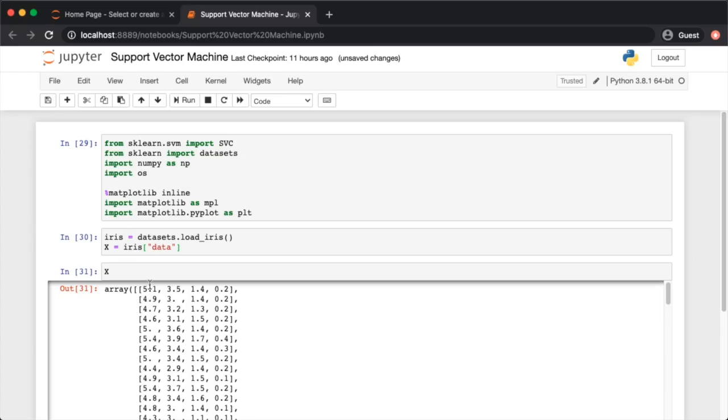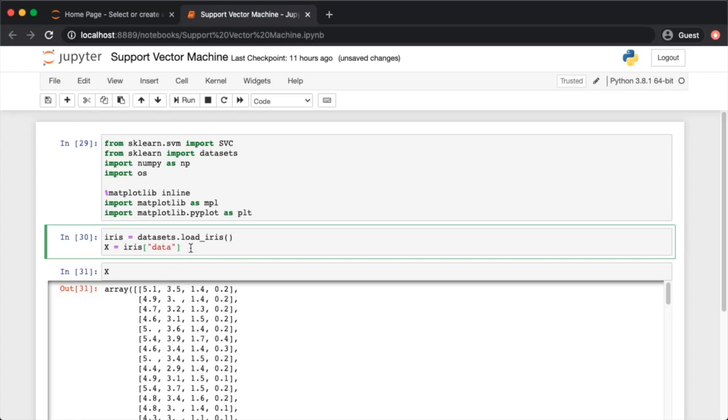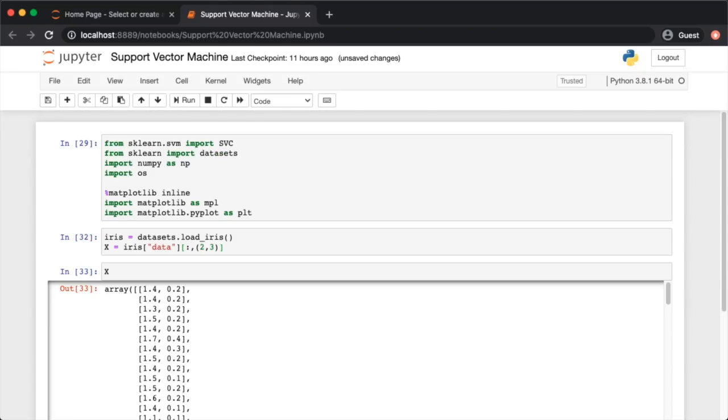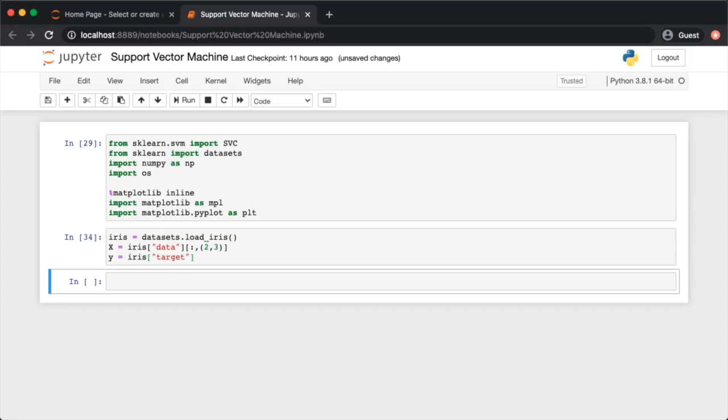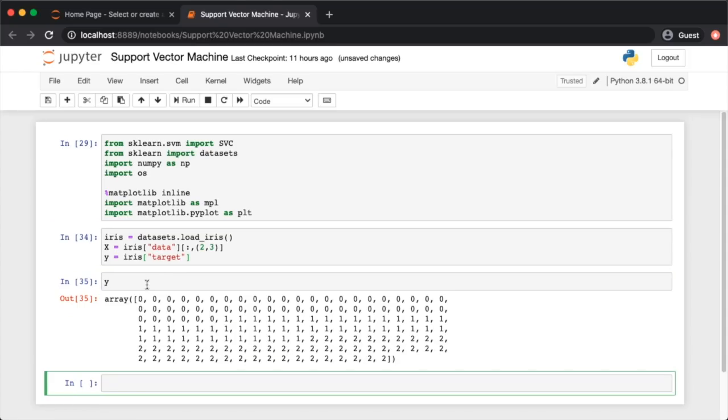X. So we need the length and the width. So the first and second columns are petal length and petal width respectively. So I can extract them as such. Right? Okay. And I will be extracting the target values, the y's. Okay. So these are my y's.